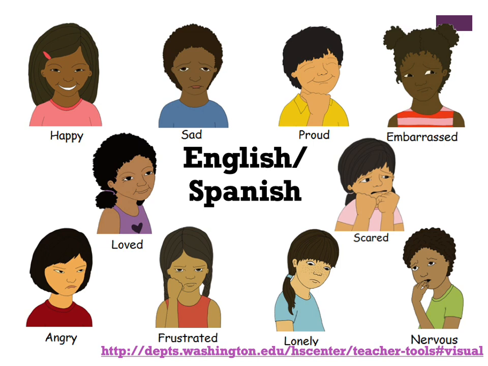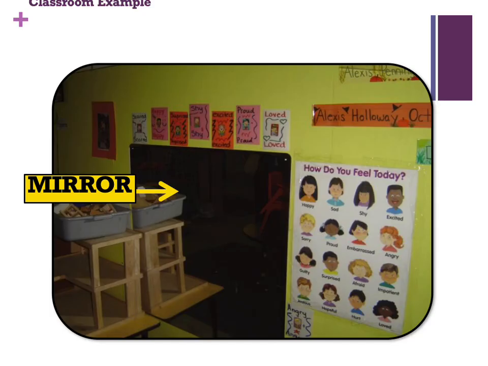Teachers can also use photos of people with various emotional expressions, and they can place a mirror on one side of the classroom so children can see the feeling pictures and compare their emotions by looking at the mirror, so they can learn different emotions and how they feel at the moment.